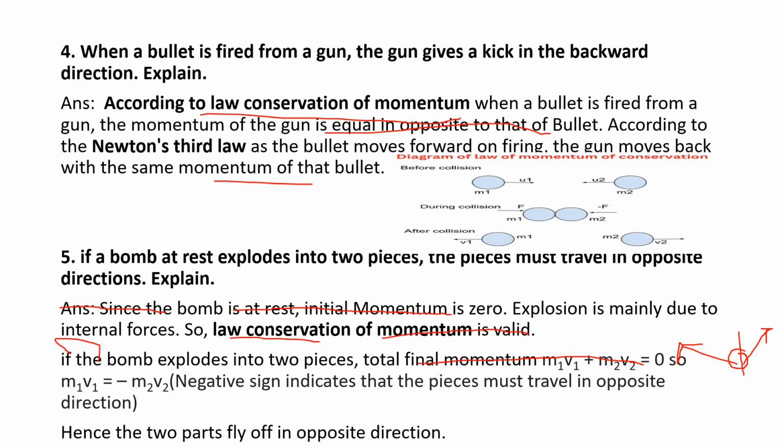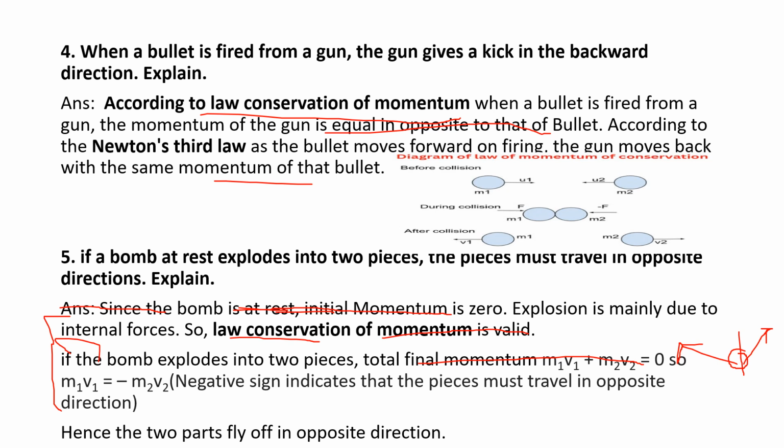You just need to mention that because of the law of conservation of momentum, and because the explosion is mainly due to internal forces, the final momentum is 0. If you don't remember the formula, just skip this and write the reason. What is the reason? By the law of conservation of momentum, if it is initially at rest, the final momentum is also 0. So during the explosion it will fly off in opposite directions.